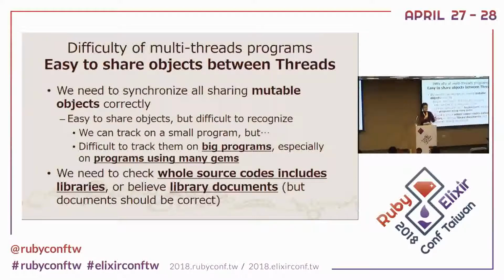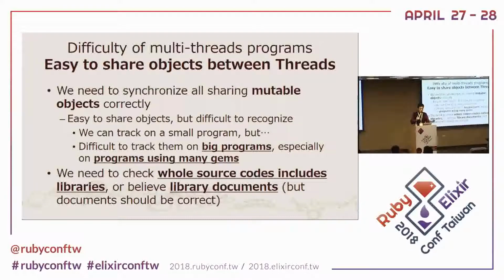But if you are using some framework like Rails, or if you use some gems, you don't know the details, then you need to track everything there. Everything such a framework or gems or library is using. So I think that such tracking of mutable shared objects is a very difficult thing.